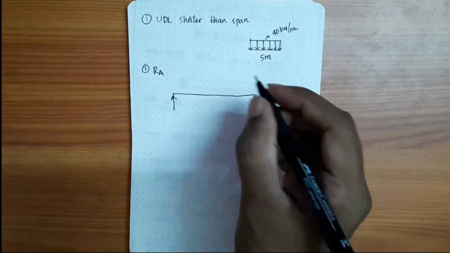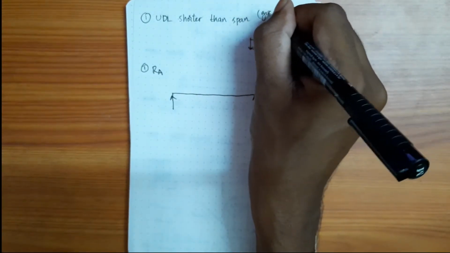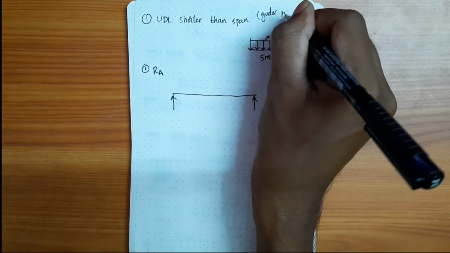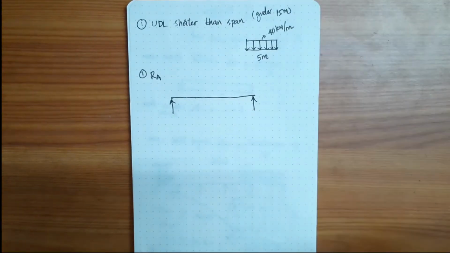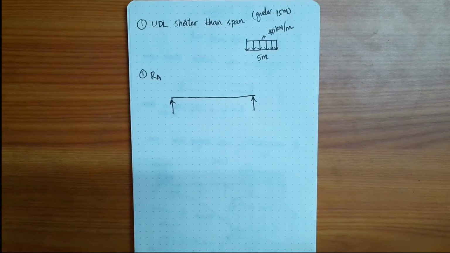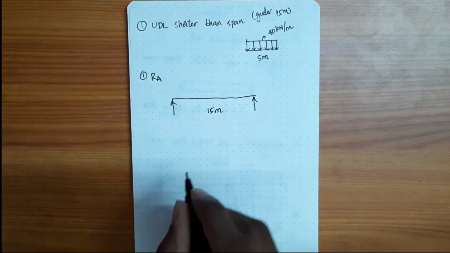This is our span, okay, the entire girder is 15 meters.